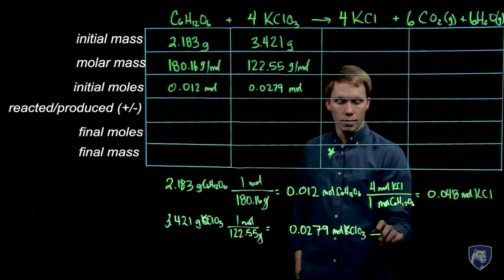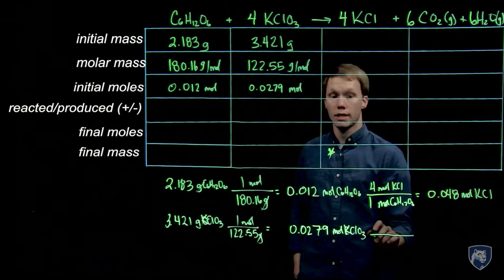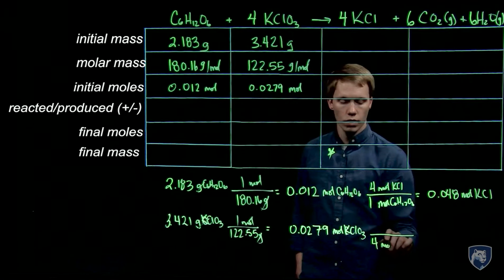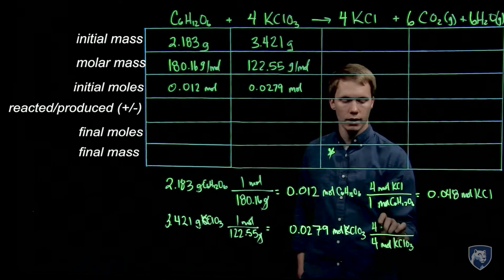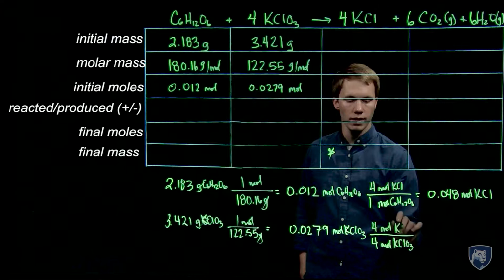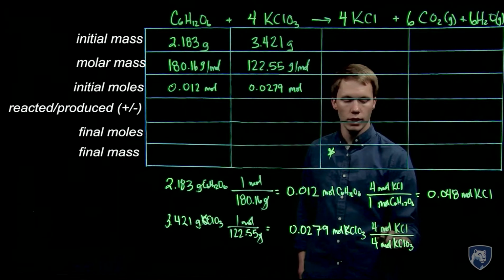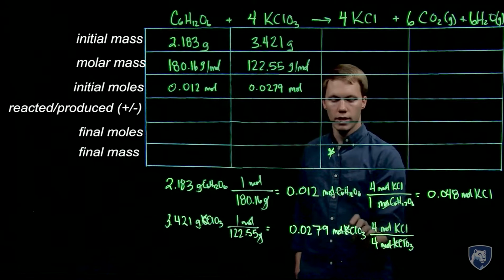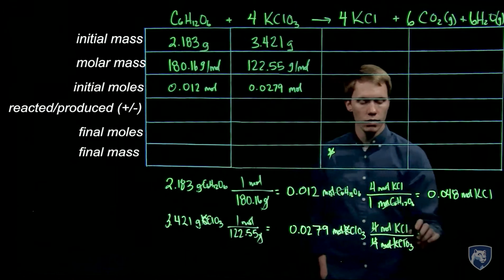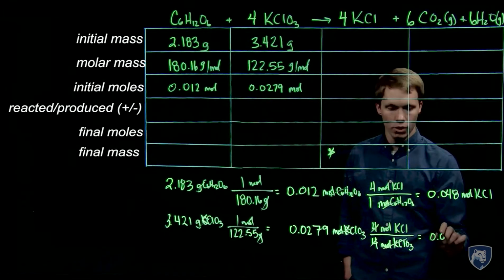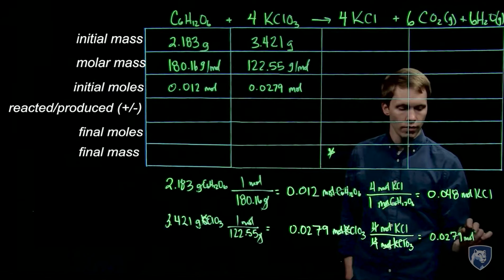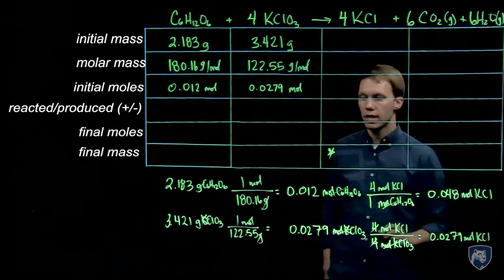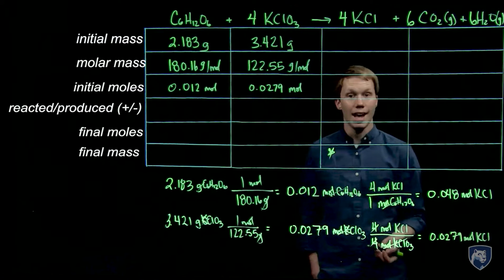In the case of potassium chlorate, I'm going to take 4 moles of potassium chlorate reacting to give 4 moles of KCl. So this will, of course, cancel out the units, and my 4's cancel. So I can make 0.0279 moles of KCl with the amount of potassium chlorate that I have.